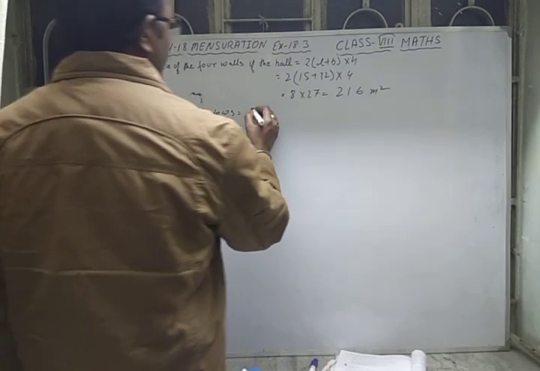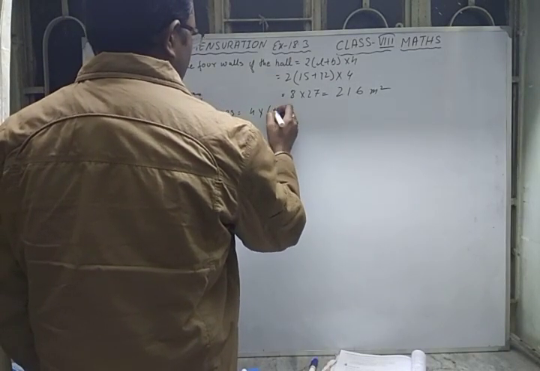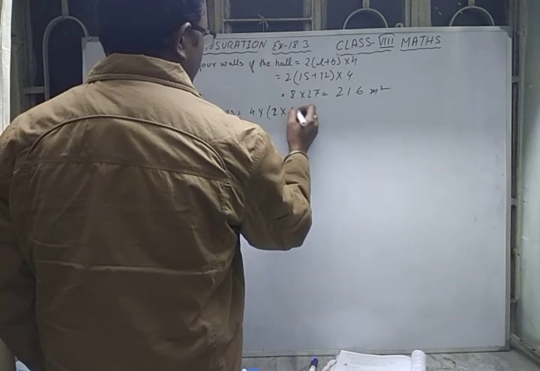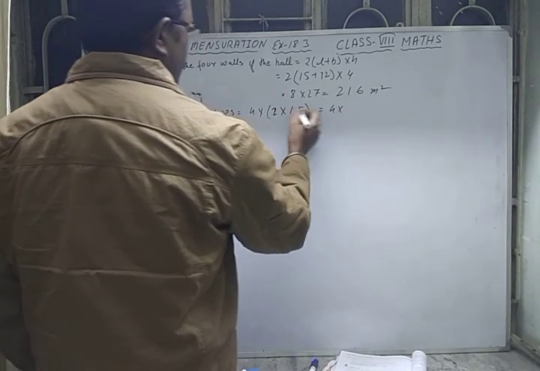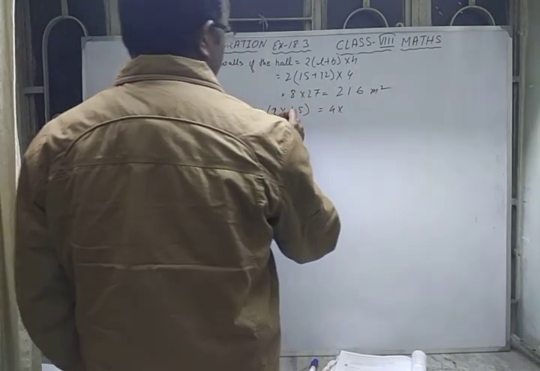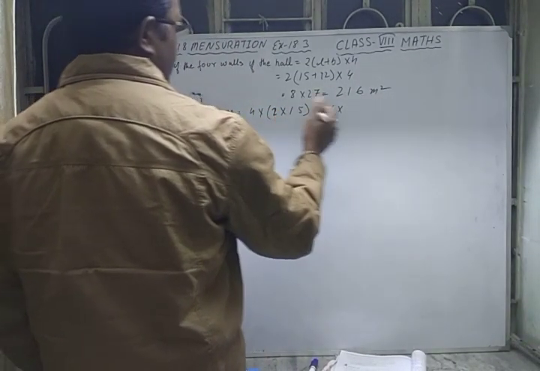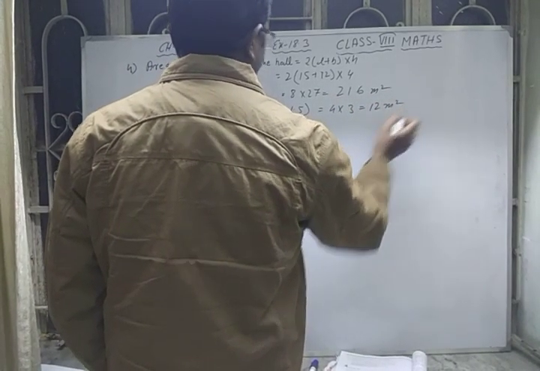So 4 into 2 into 1.5: 2 into 1.5 is 3. So 3 into 4 is 12 meter square.